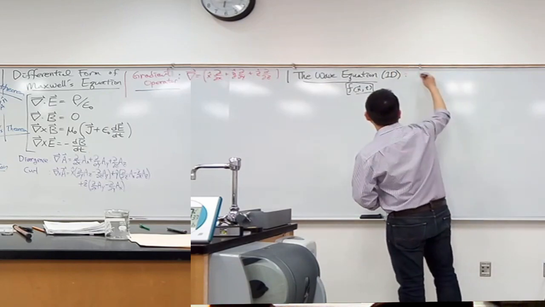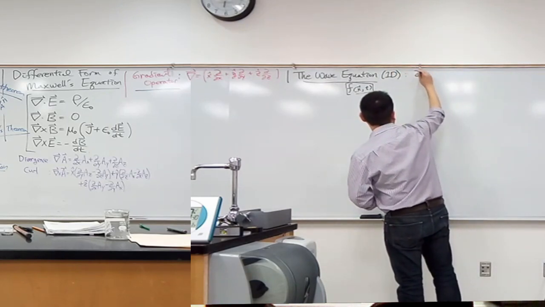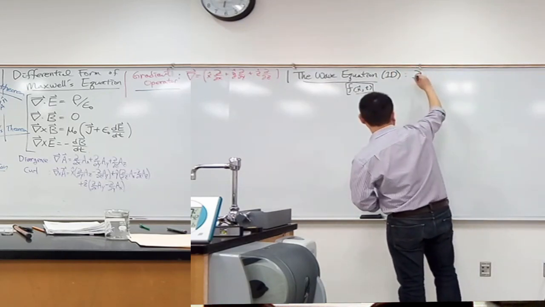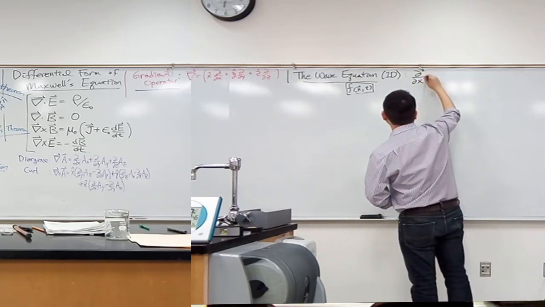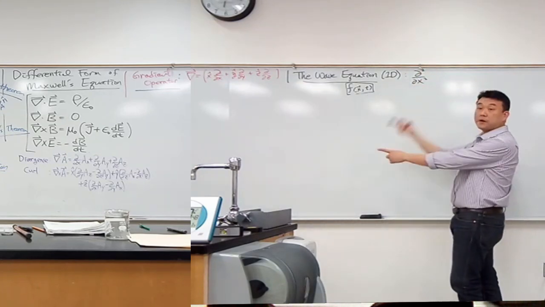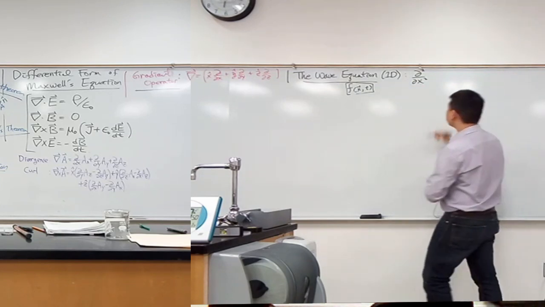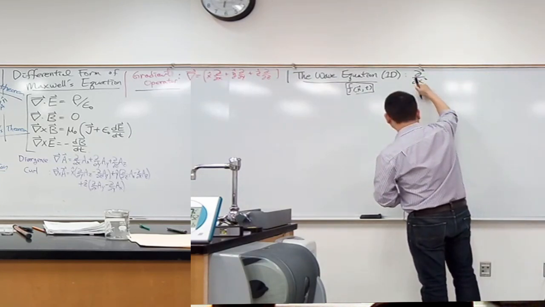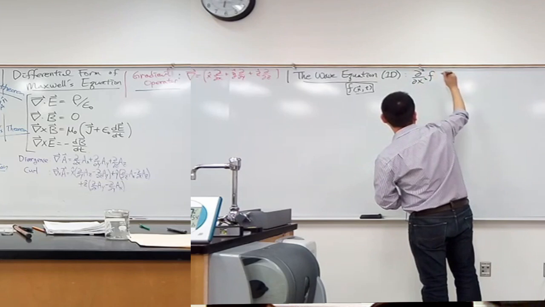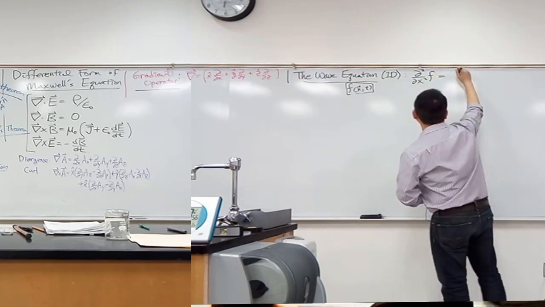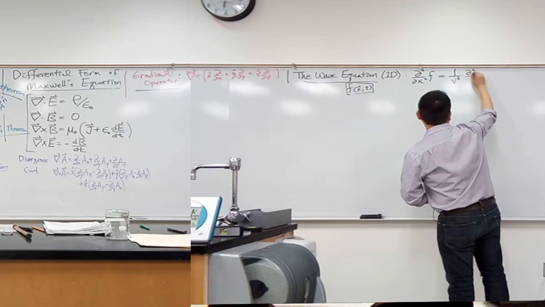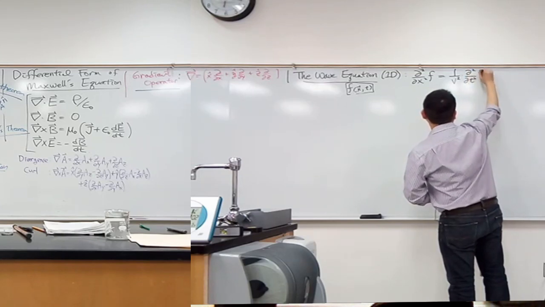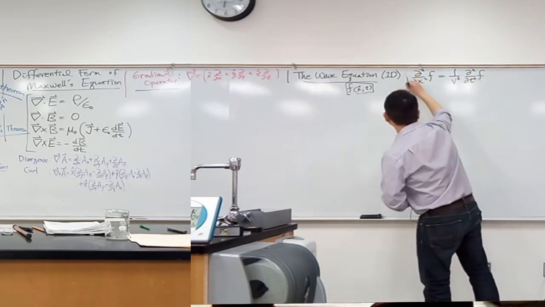The version for 1D is that the double spatial derivative with respect to one direction, let's say x, that's the direction of propagation, the direction the wave is moving, of the function is equal to 1 over v squared times the double time derivative of the same function. This is the wave equation.